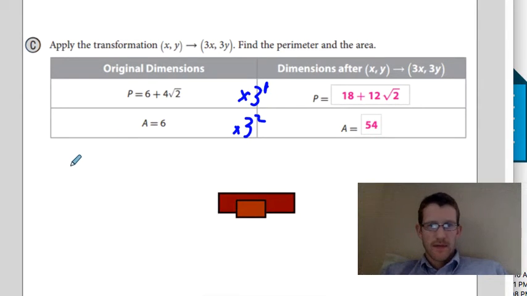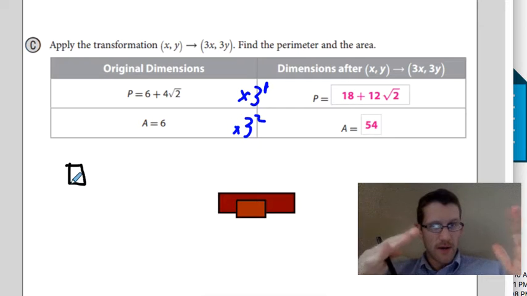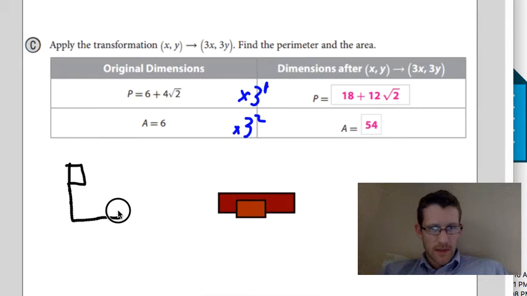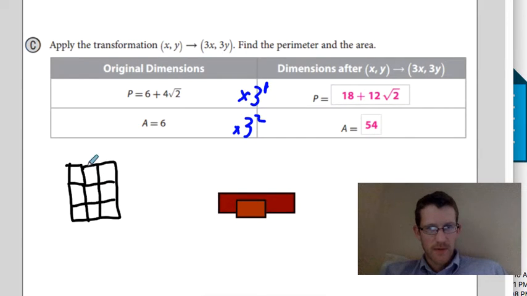Again, I'll do a quick example. If I have a square right here, and I want to make it 3 times wider and 3 times taller, right? It's going to be something like this. And it's pretty clear that since it's 3 times wider and 3 times taller, it's 9 times greater area.